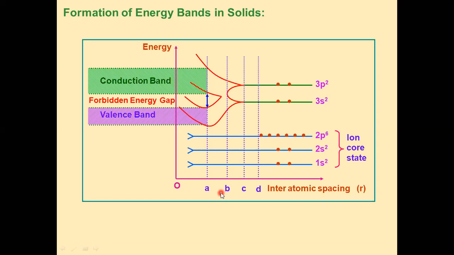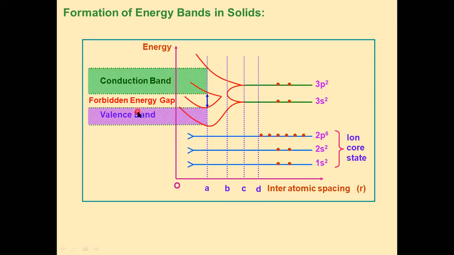And it consists of a number of energy levels, and it is known as energy bands. So in the solid, there are two types of energy bands. One is known as valence band and the second one is known as conduction band.